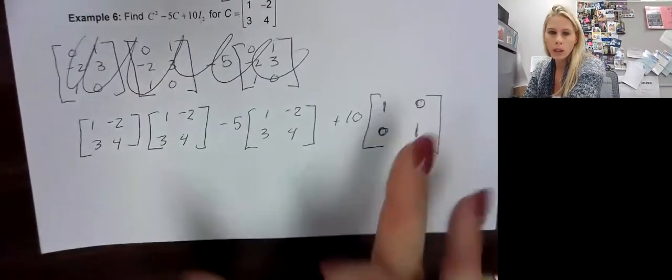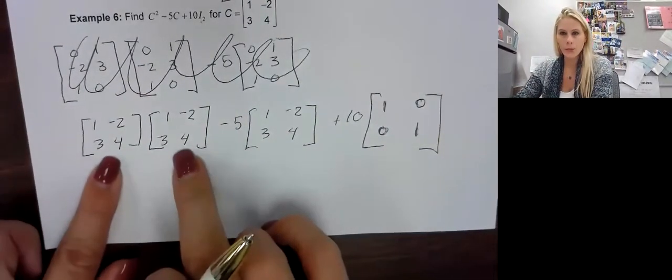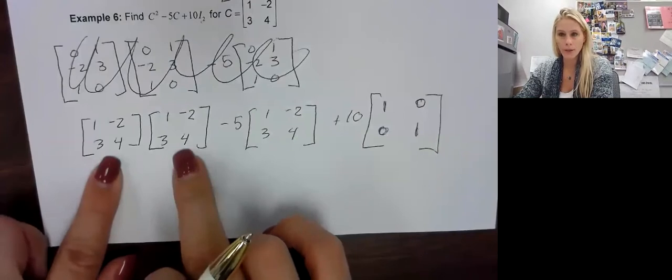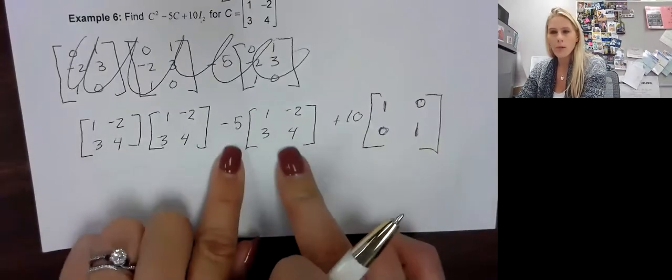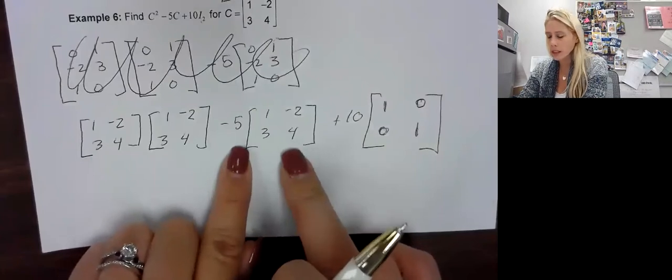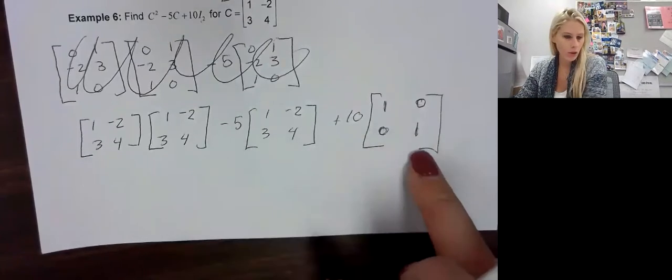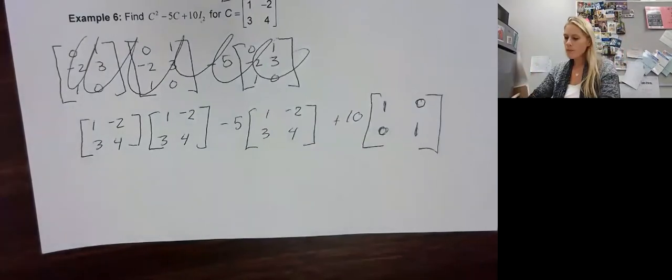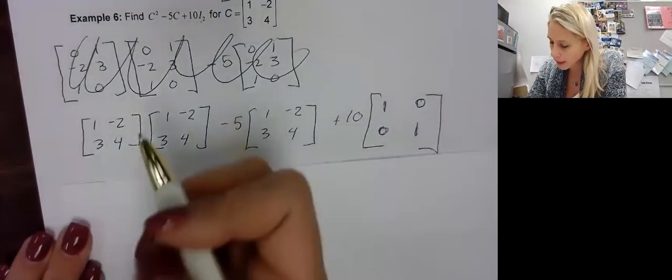Now, what we're going to want to do is do this 2 by 2 on another sheet of paper if you need to show that work. I would multiply the -5 out so I could add instead of subtract, and then multiply that 10 out, okay? So, first thing we're going to do is this 2 by 2.